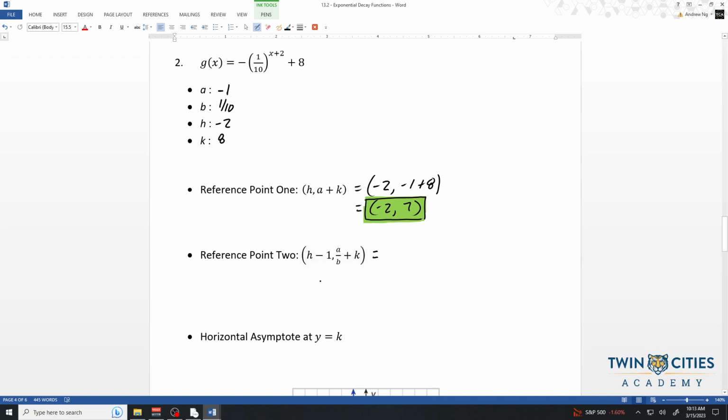All right, reference point 2, h minus 1. So this will be negative 2 minus 1, comma, a over b, so negative 1 divided by 1/10, and then plus 8 at the end.